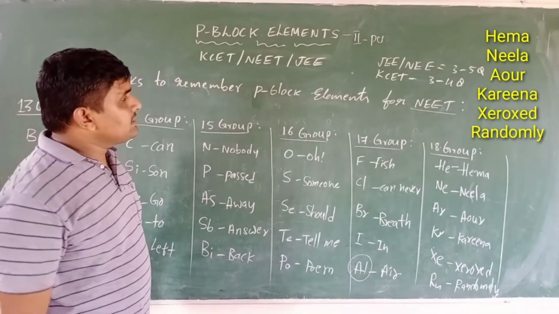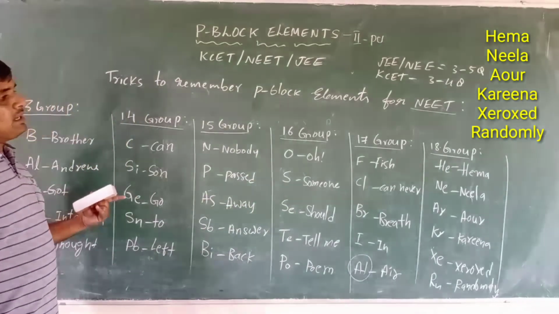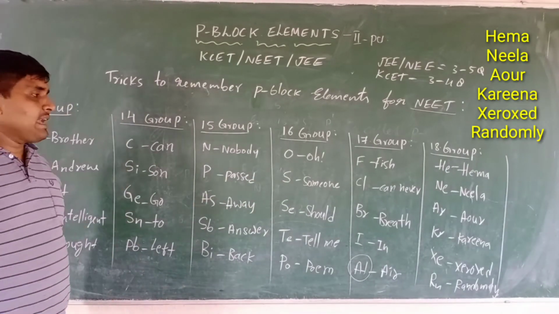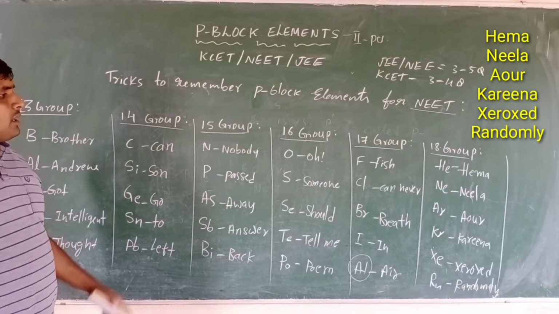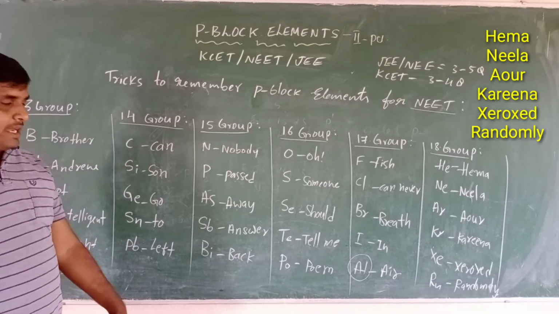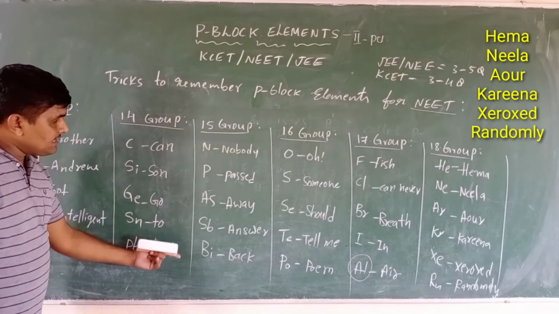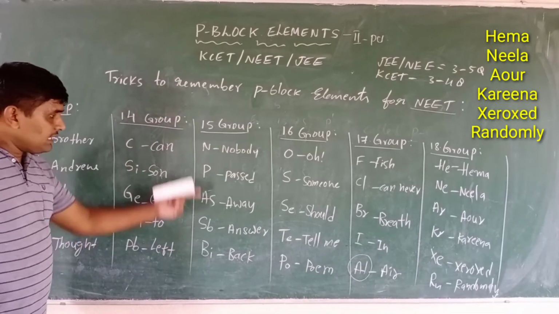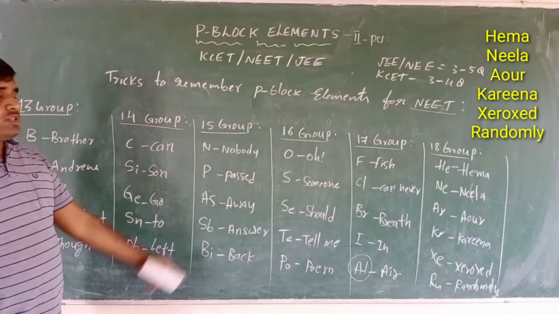This is the easier way to remember all the P-block elements, and definitely this can be helpful for competitive examinations, because you may get questions from any group. If they ask about electronegativity, atomic radius, or ionization energy between any of the elements in a group, you should be in a position to answer.